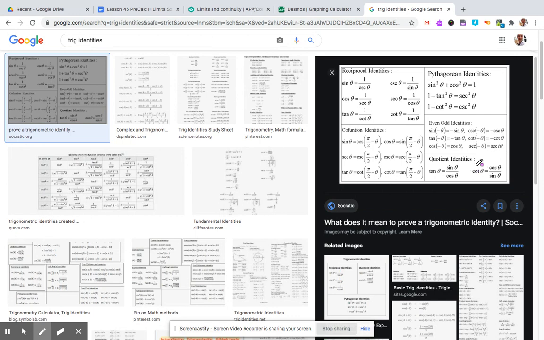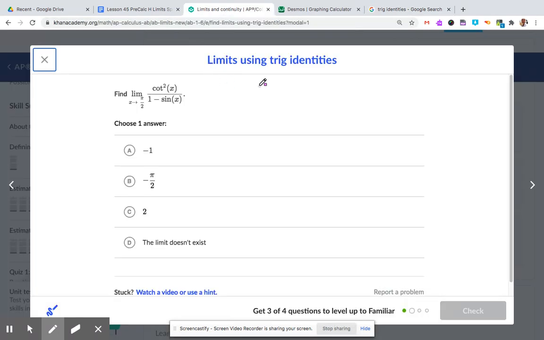Cosine over sine, and that gets squared on both sides. So cotangent is equal to cosine over sine. All right. Is that going to help?